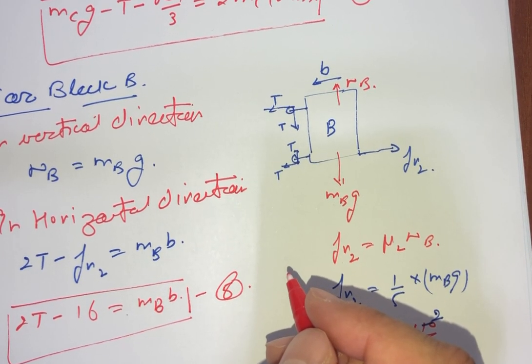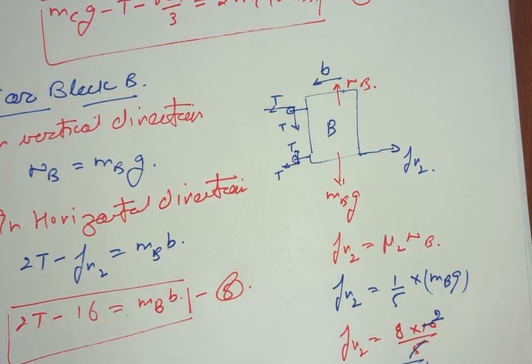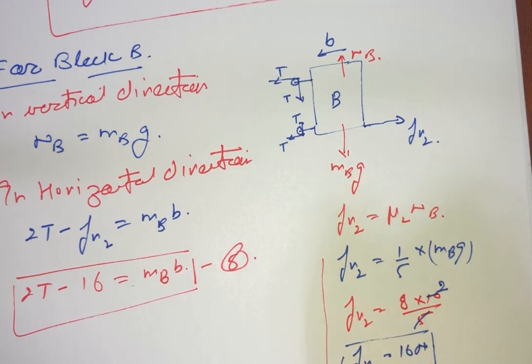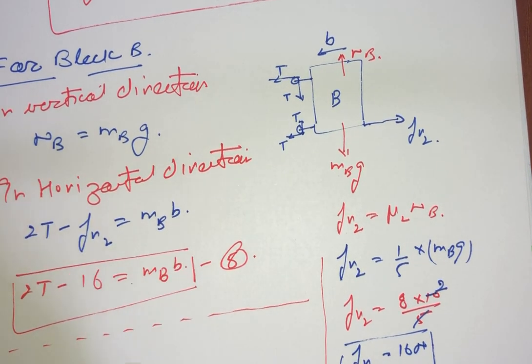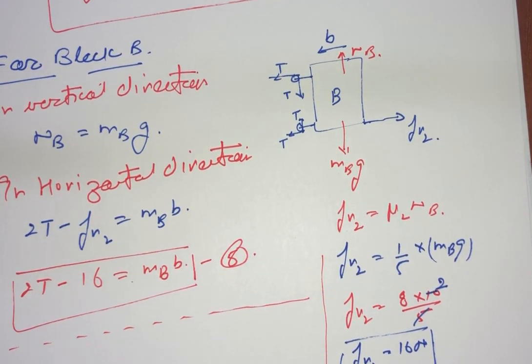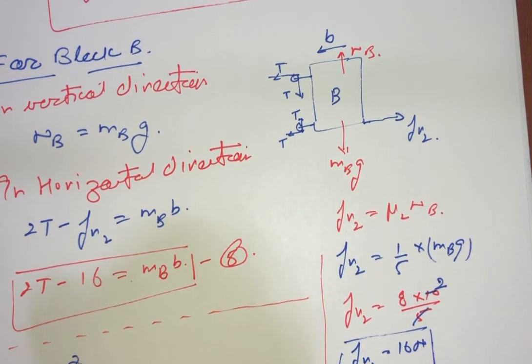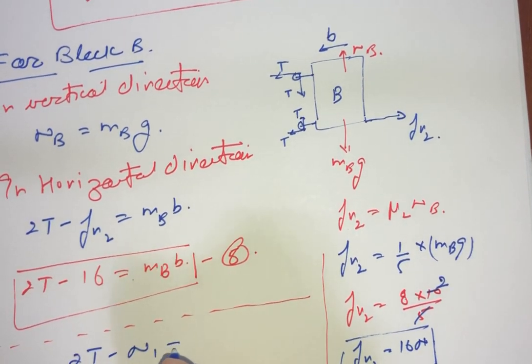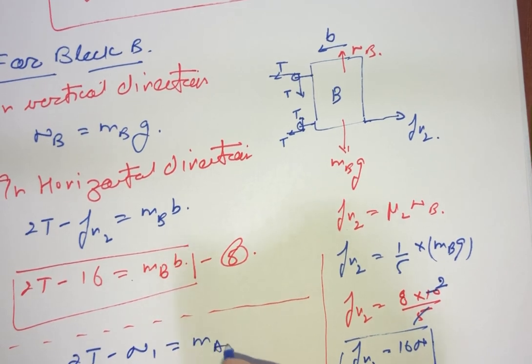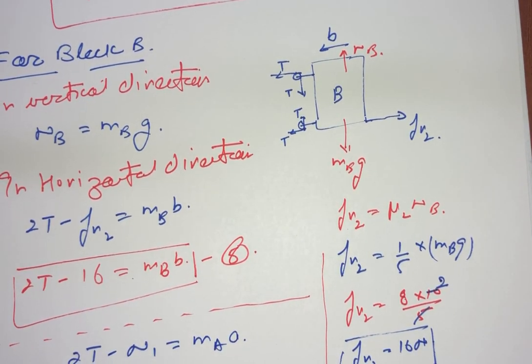Now we have got all the equations. Let us rewrite them again and try to solve it. So the first equation which we got is equation number 2, which states that 2T minus N1 is equal to mA a, and we also know that our N1 is mC a, for equation number 3.